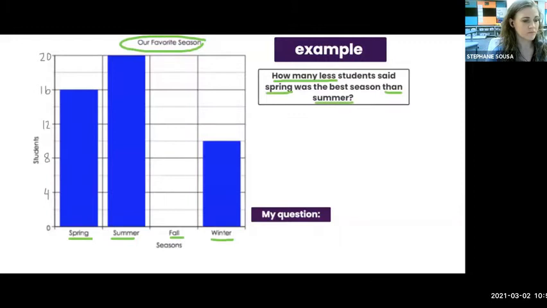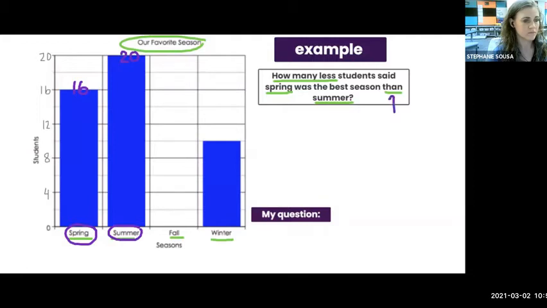So let's identify those on the graph. Here's spring. So counting by 2s, I see spring has 16 students who voted for spring. And my next is summer. Here's summer on the graph. Summer goes, wow, all the way to the top. 20 students said summer is the best.